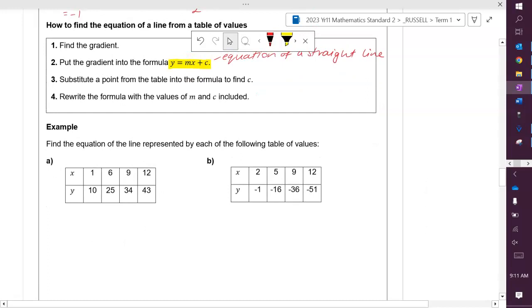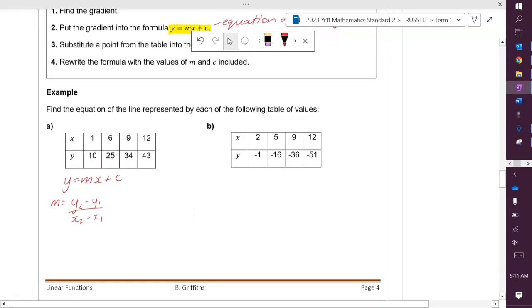So if we look at this first table, I have y equals mx plus c. That's what we're aiming to find. I need to firstly find my gradient, so I need to say my y2 minus my y1 over my x2 minus my x1.